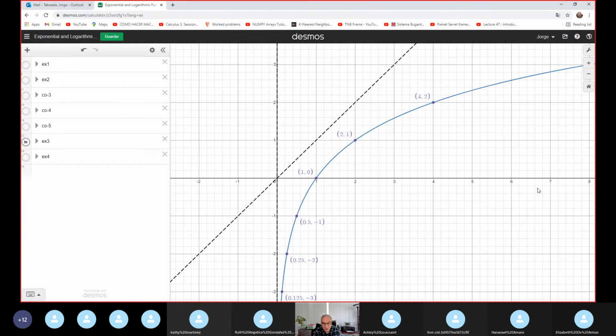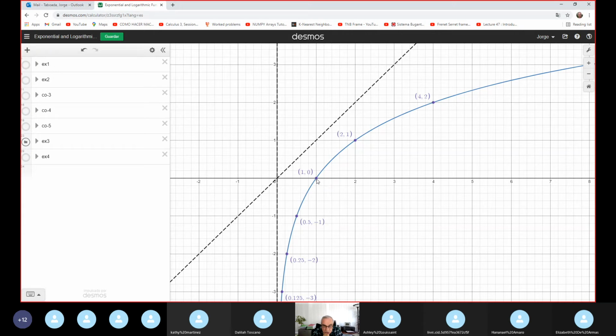So, the most important thing, let's focus on this curve because I want to summarize the most important properties. For example, I can see clearly that the logarithmic function has positive values when the number is greater than 1 and negative values when the number is less than 1. And at 1 the value is 0.